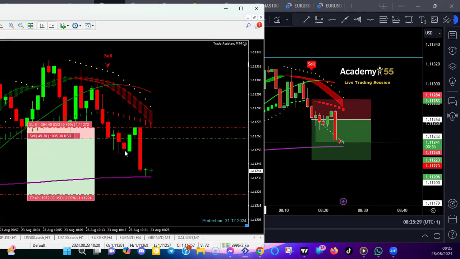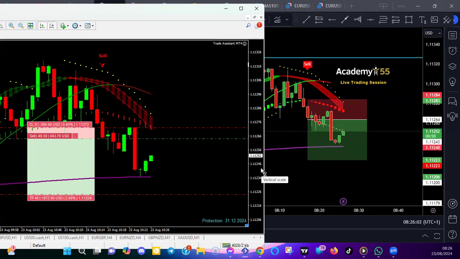But just in case it comes up here to fill out that imbalance and then carries on down, I'm out of harm's way. If it carries on up, then I will have reduced my risk. I'm under 0.5% risk. But we'll have to wait and see what happens. It's going to do what it's going to do.